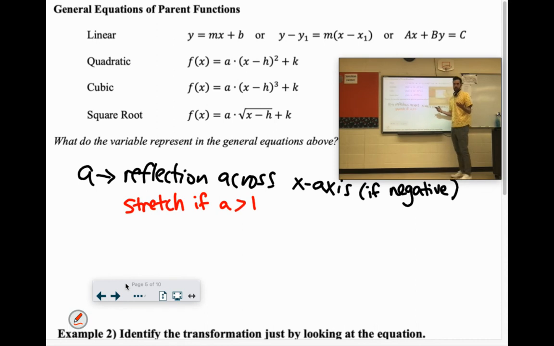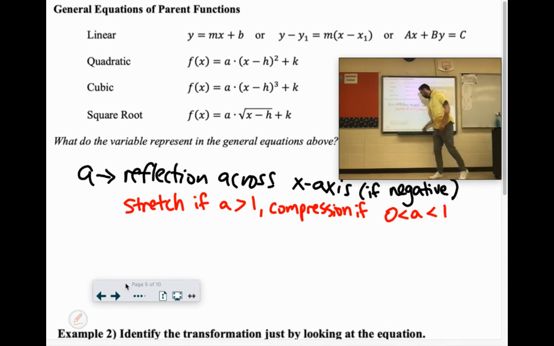So like if you had -2, that's just a stretch, but it's also reflected. Compression if it's between 0 and 1. All right, so that handles the A.